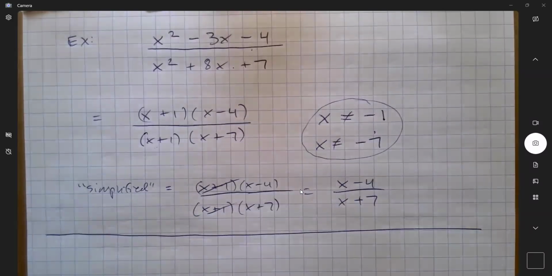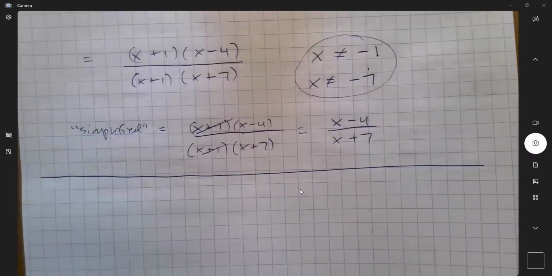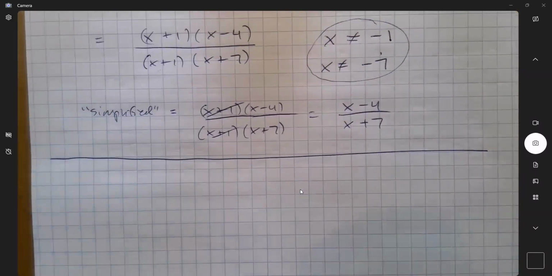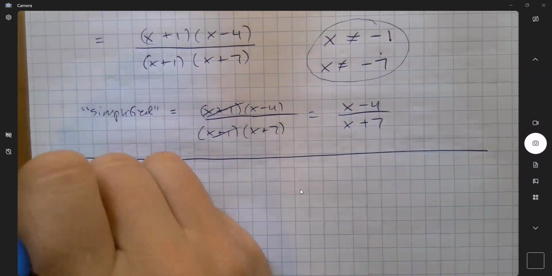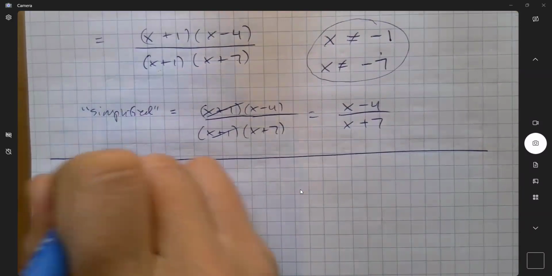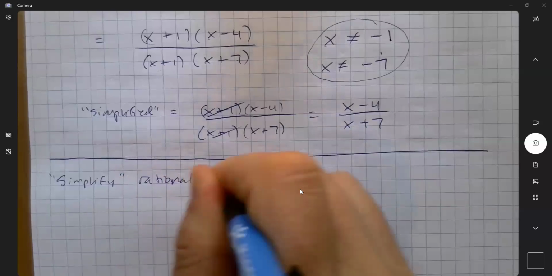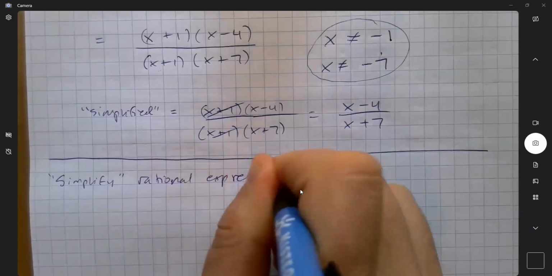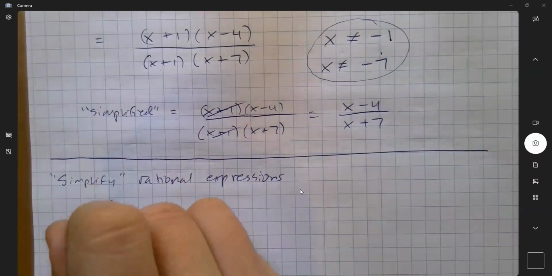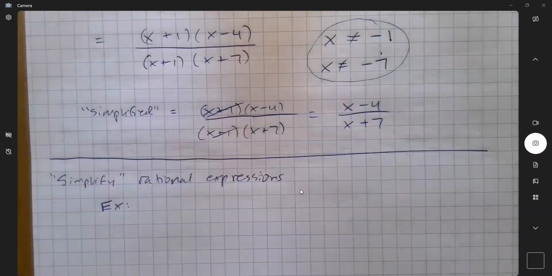All right, we're starting to get into simplifying, i.e. reducing fractions, or simplifying rational expressions. So let's do a few more of those. I showed you ones where there are quadratics in the top and bottom, and you factor the top and bottom.